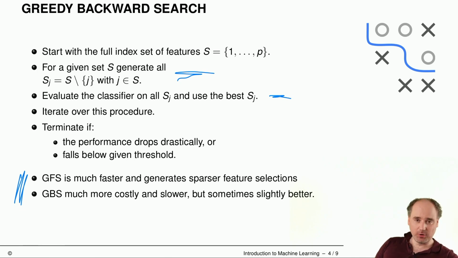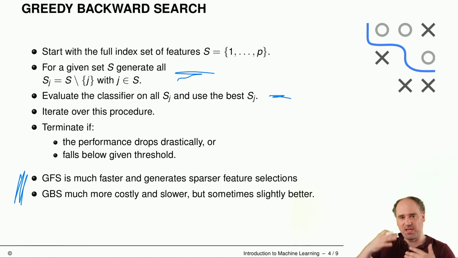It will also usually result in smaller feature sets, because if you early stop and start from the empty set, you kind of have a preference for your selected feature set being closer to the empty set. Backward search usually is more costly because of the reasons I just explained.